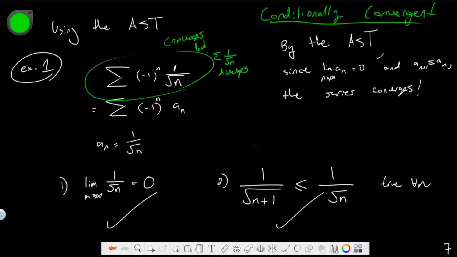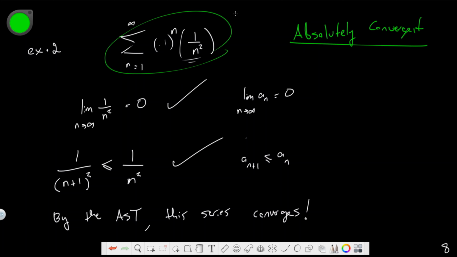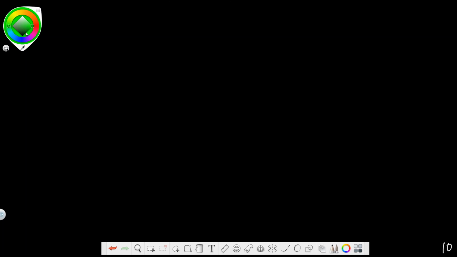My second example is absolutely convergent, because the series itself converges, and without the negative 1 to the n, the absolute value of this series, 1 over n squared, also converges. Why am I saying this? Enter our final theorem of the video.